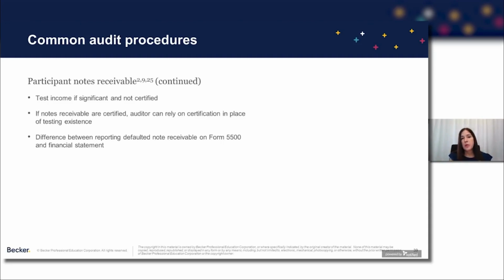Now, participant notes receivable are receivable on the financial statement, but they are considered a loan on the 5500 and included with the investments on the 5500. So if the participant loans are covered by the certification, then they're eligible for that certification in accordance with ERISA Section 103(a)(3)(C).